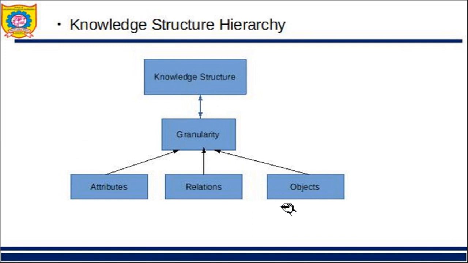In this fashion all five issues are related to each other. If you see this knowledge structure, I have connected them using double arrows. When you have proper attributes, proper relations between them, and you are representing sets of objects properly, you decide the level of granularity, meaning how deep you want to represent it, and you require a certain knowledge structure.